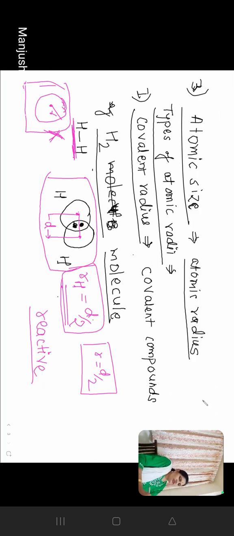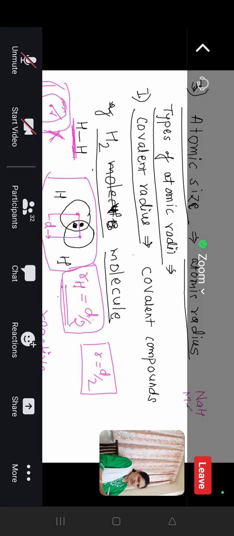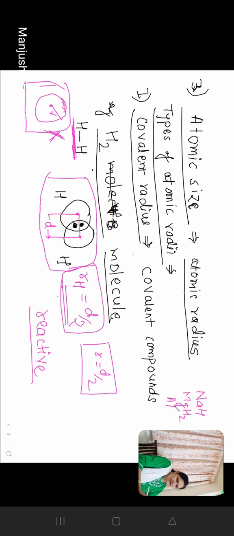For example, NaH can form, but if it is Mg, then you need two hydrogen atoms. If it is Al, then it is AlH3, because the valency of Na is 1, so one hydrogen atom is required. Mg has 2, so two hydrogen atoms are required. Al is plus 3, so three hydrogen atoms are required. So it depends upon valency.